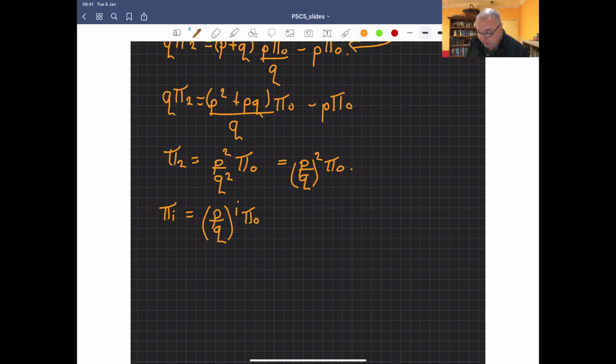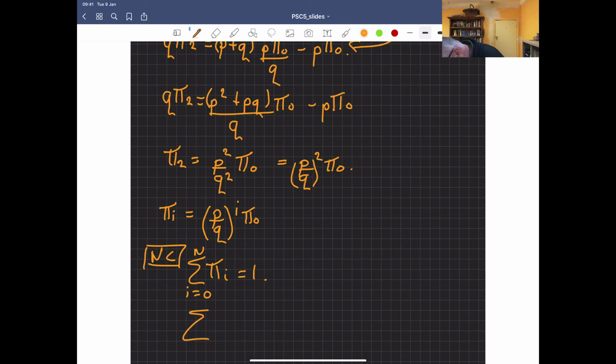So now I need to actually simplify this and work out, well, what's pi 0 going to be? Well, first of all, we can use our normalizing equation. So we know that pi I, the summation as I goes from 0 to n, equals 1. So let's substitute that in. We're going to get the sum over I equals 0 to n of p over q to the I pi 0 equals 1.